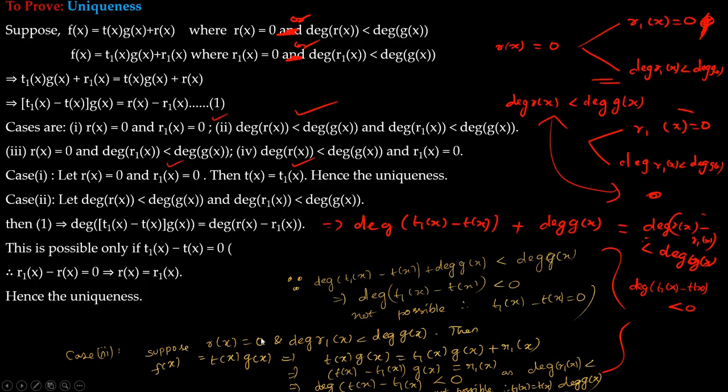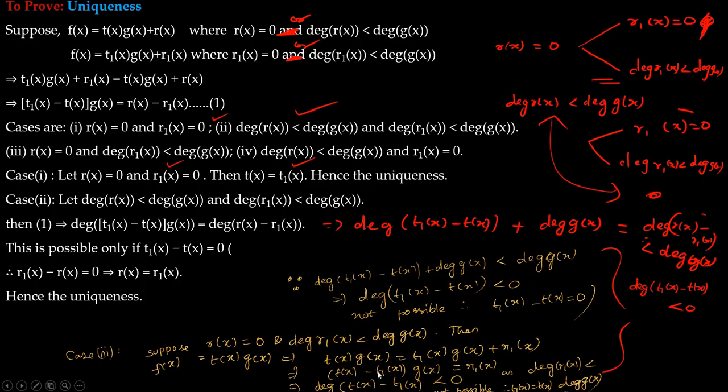Now you have r of x to be 0, so this becomes f of x equal to t of x into g of x. Substituting that over here, you get this. Then taking this to the other side is what you get. You are having the same explanation as was said here.